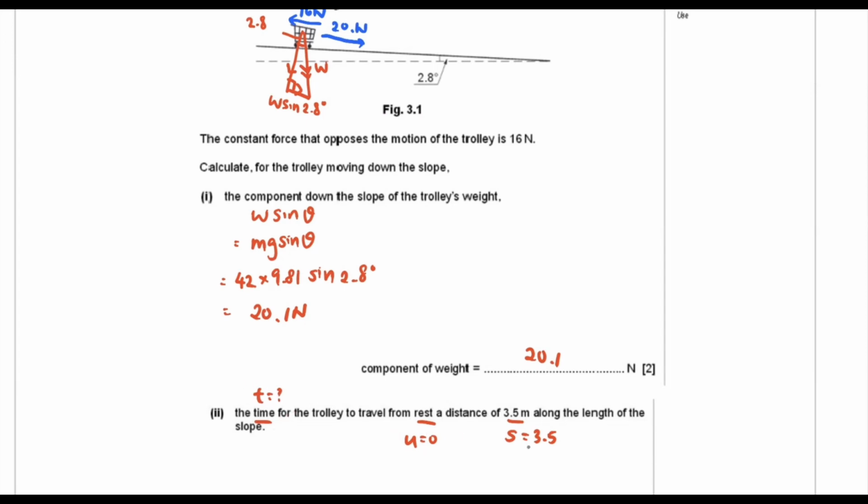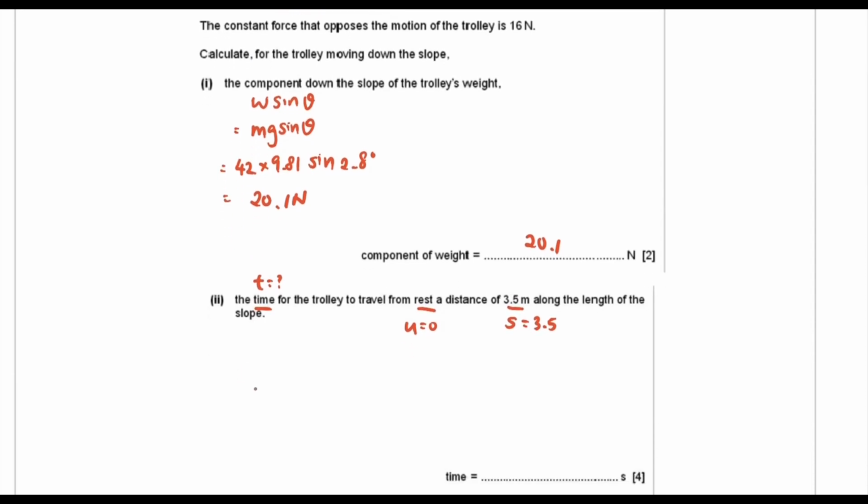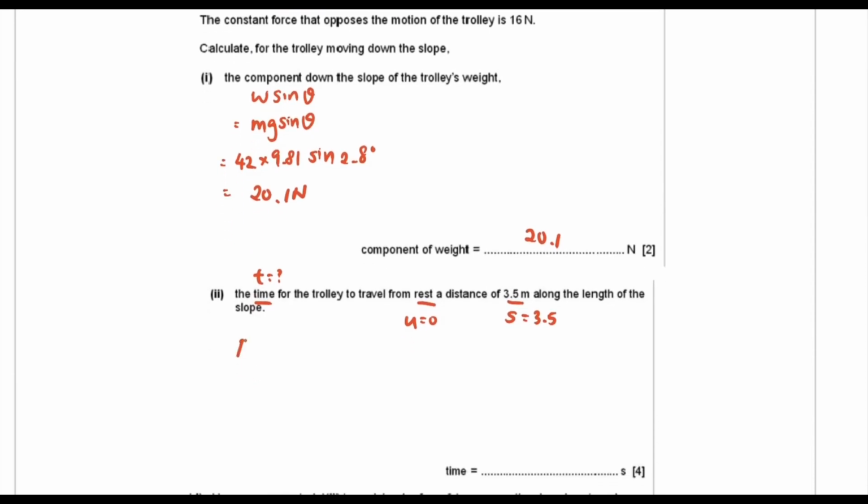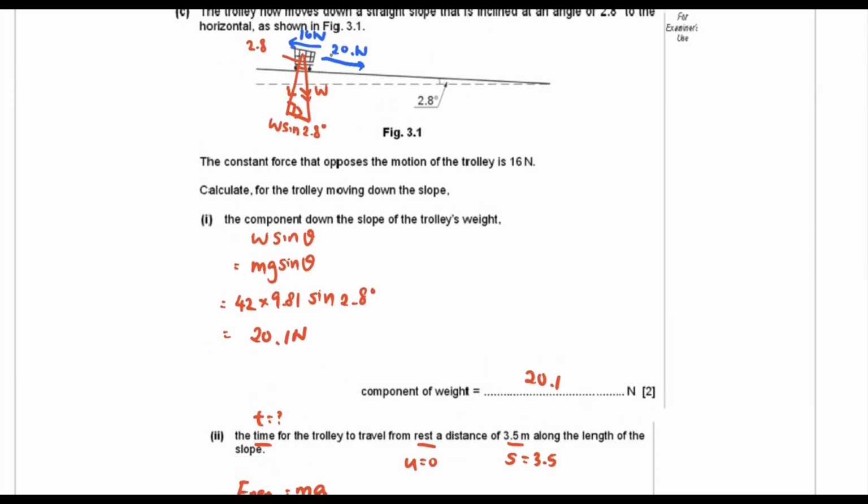So you want to use the SUVAT formula, right? So we need 4 quantities. Okay, so we have only 3. So let's use the force to count the acceleration first. So we use Newton's second law. Net force equal to mass times acceleration to find the acceleration. As you can see, to find the net force, we have to use 20.1 minus the 16 Newton.